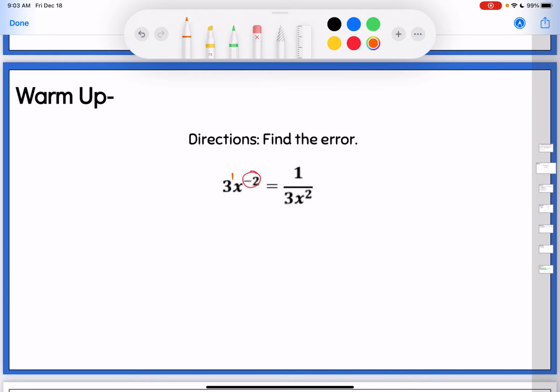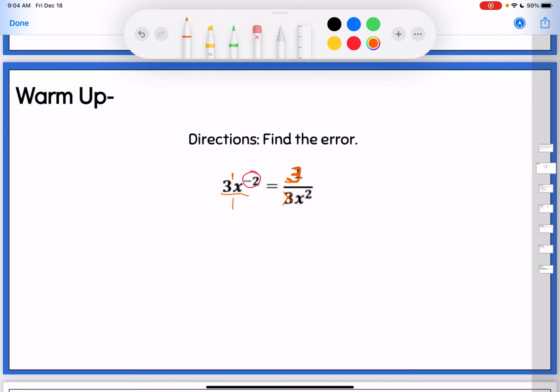The negative 2 exponent only goes to the x, not both of those things. Those are two separate bases. So the base of 3 has an exponent of positive 1, so it should not be down at the bottom. It shouldn't have moved off of the top. That 3 should really be staying put up there on the top, not moving down to the bottom.